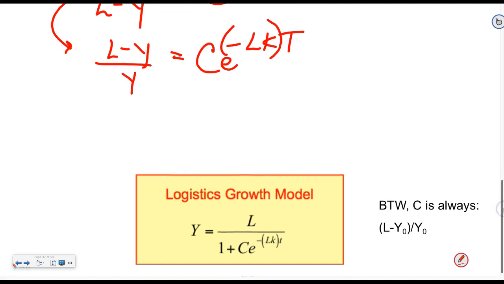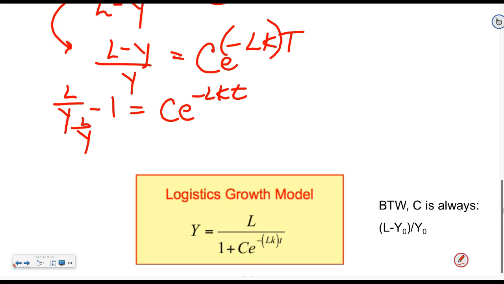Now, I can disengage this fraction and write it or separate it. L over y minus 1 equals c e to the negative LKT. I'm not going to put it in parentheses. I'm so close. Remember, my goal is to figure out what y is, where y represents the amount present at any time. I have L over y is equal to, I'm going to add 1.